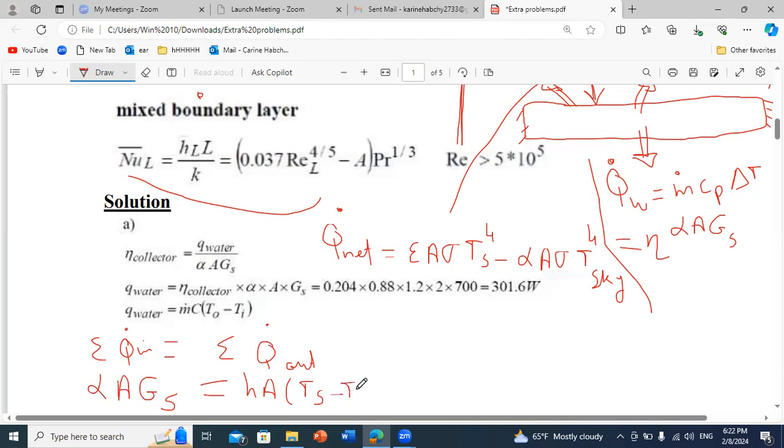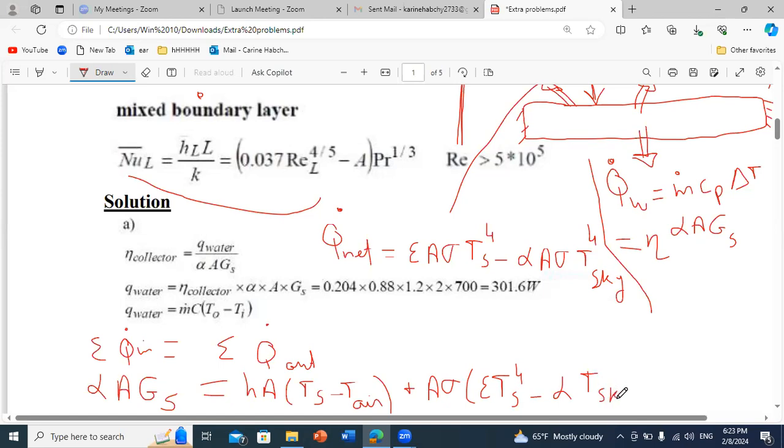This is the flux lost by convection, plus the net flux lost by radiation, which is A times sigma times epsilon T surface to the power 4 minus alpha T sky to the power 4.